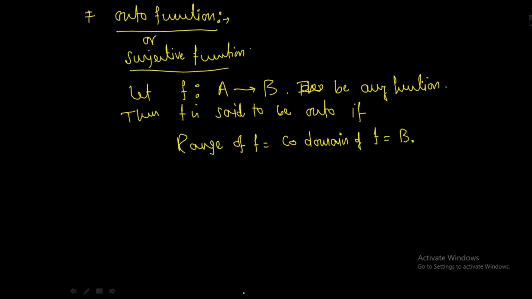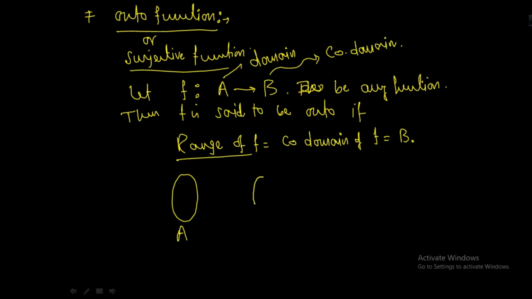If a function f is defined from A to B, then we know A is called the domain of the function f and B is called the codomain of the function f. And what is range? Suppose this is set A and this is set B. Now, these are some elements, and suppose the function f is defined like this.